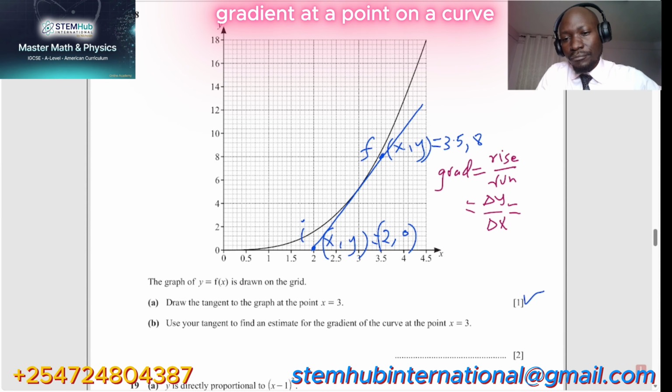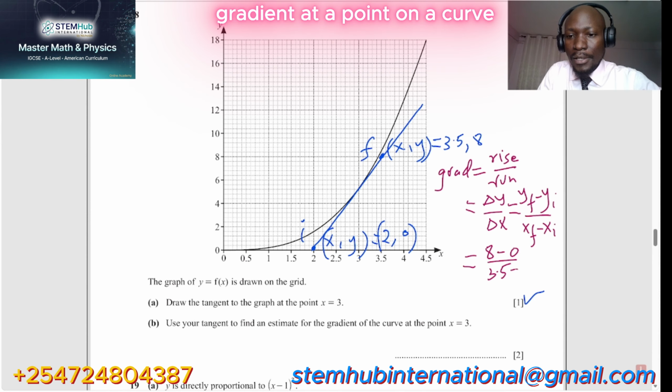This means change in y, we take y final minus y initial, over x final minus x initial. That means 8 minus 0 all over 3.5 minus 2.